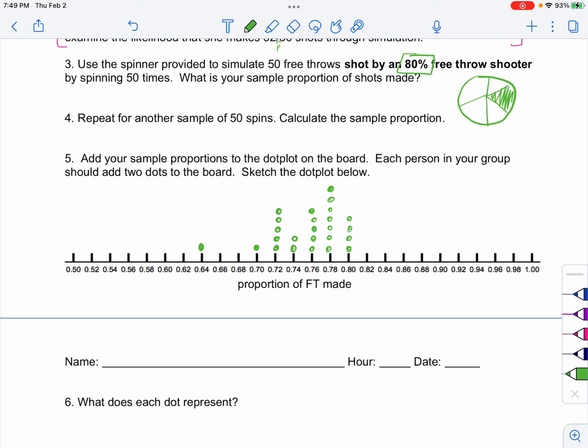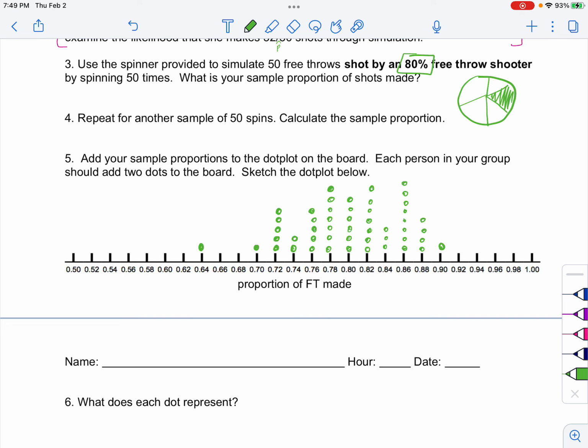It has equal intervals, that it is scaled properly. Sometimes we forget that we really need to scale it in a consistent form in order for our dot plot to convey the data in a correct manner.